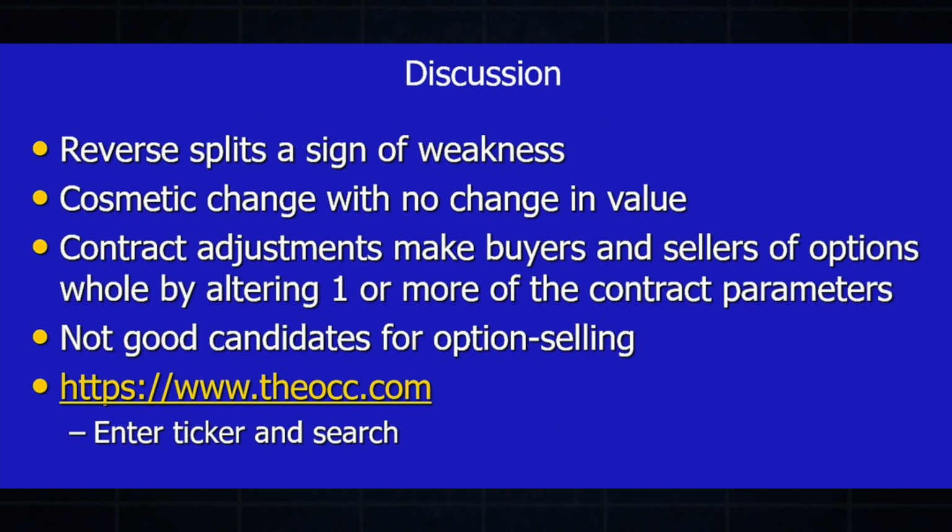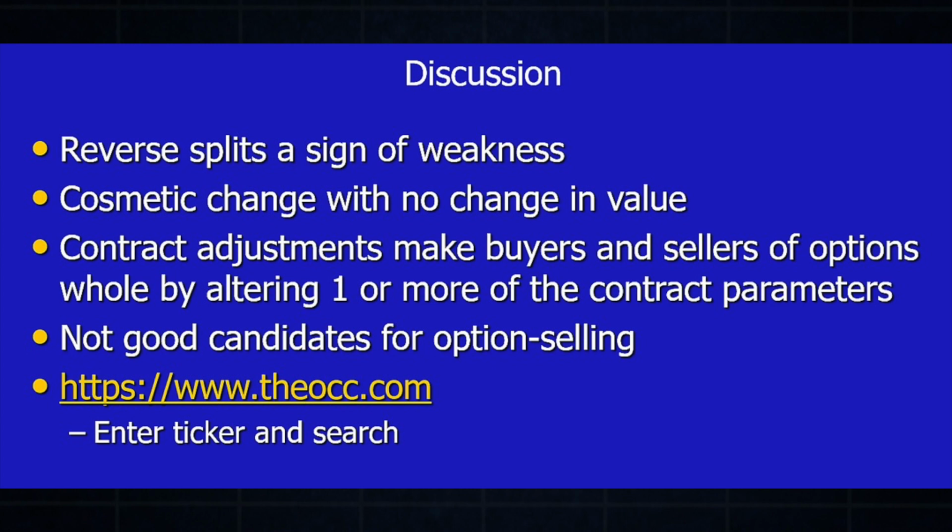So let's just review here. Reverse splits are a sign of weakness of an underlying stock. They're generally not good companies to consider for covered call writing or selling cash secured puts. We prefer much stronger companies with much stronger technical charts.